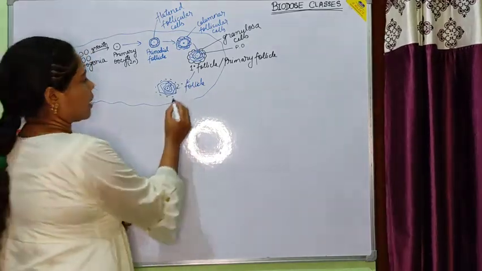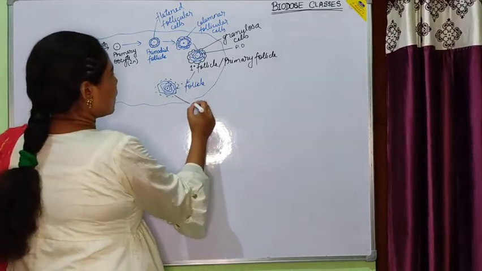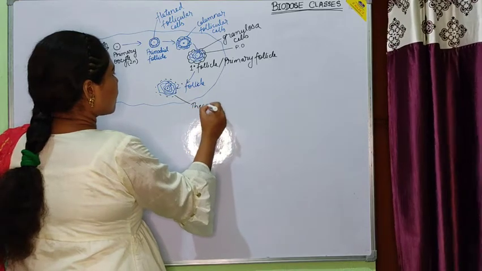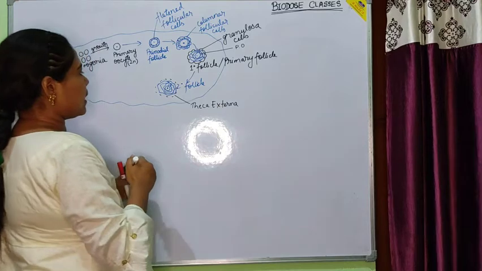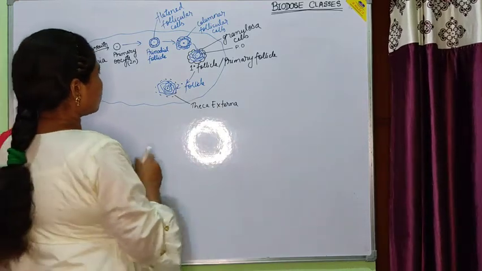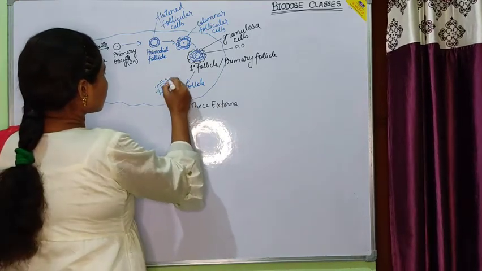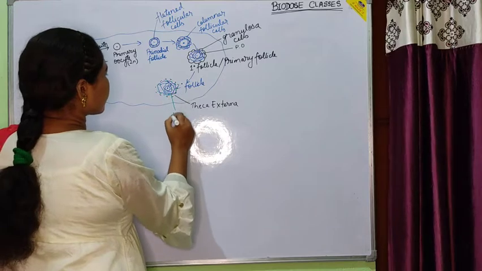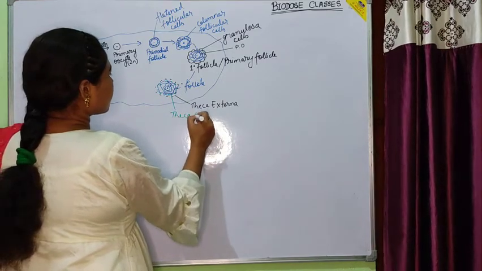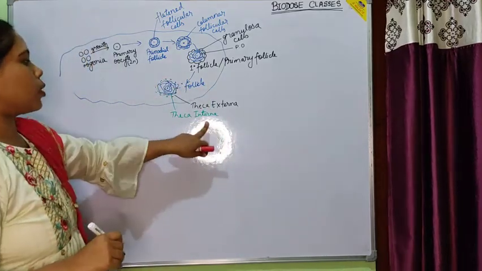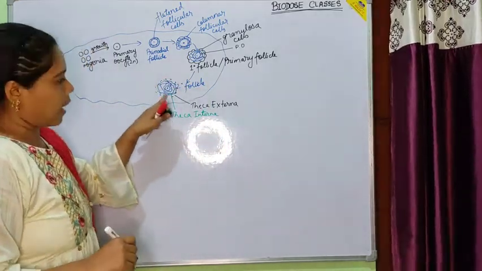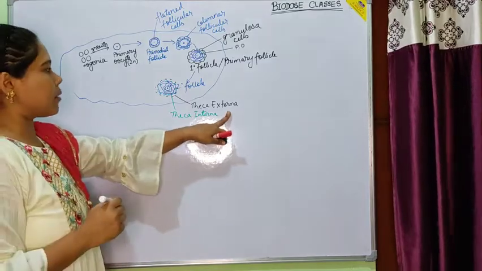We can show these layers differentiated into two thecas. This is called theca externa, and beneath that we can show another layer, that is theca interna. That is, this would show the internal layer and this would show the external layer, as the name suggests.